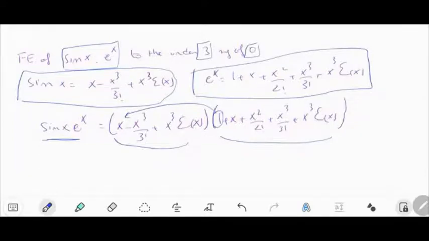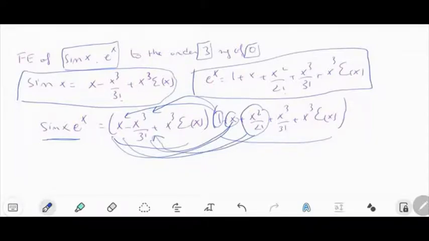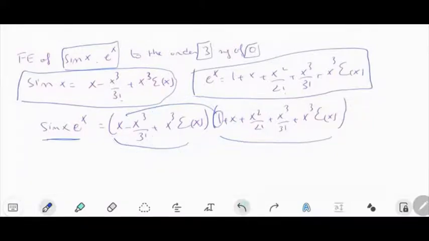And then 1 by x³ over 3, which is good. x times x, it's x². x times x³ is x⁴. I don't need it, I will put it with the remainder. Then x² times x, it's x³, I will keep it, I need the order 3. x² times x³, it's x⁵, I will remove it, put it in the remainder. And then we have this x³ in here.